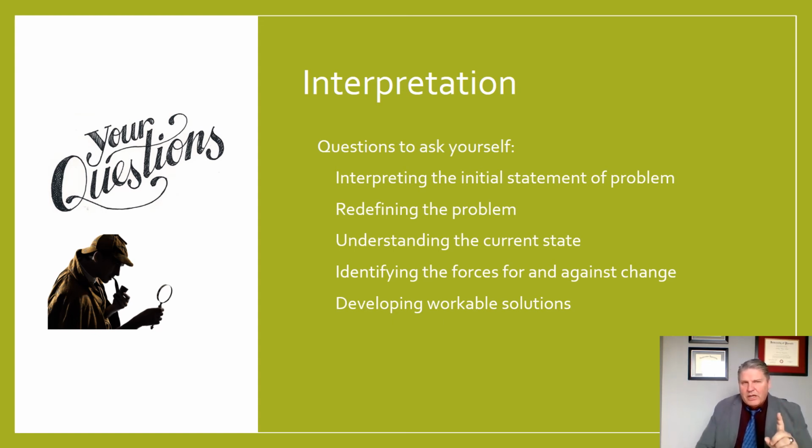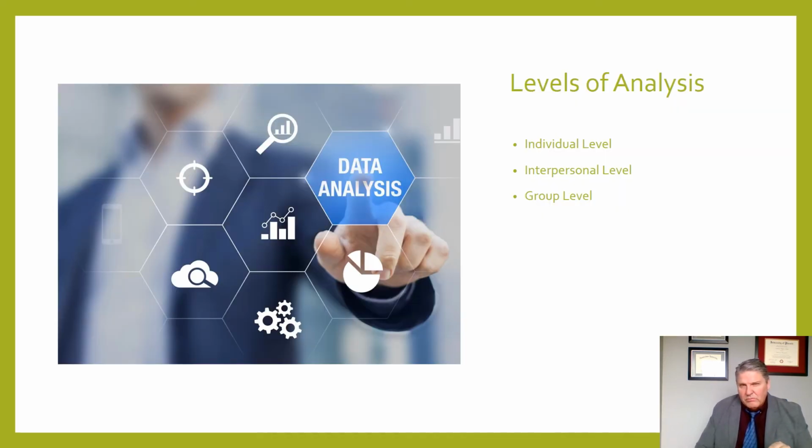Let me give you something about some of the levels of analysis as well. When you start dealing with levels of analysis, there are three levels, as you can see on your screen. There is the individual level. That's where you realize you're dealing with somebody, and maybe you're dealing with their particular attitude about the business. Why are they soured?